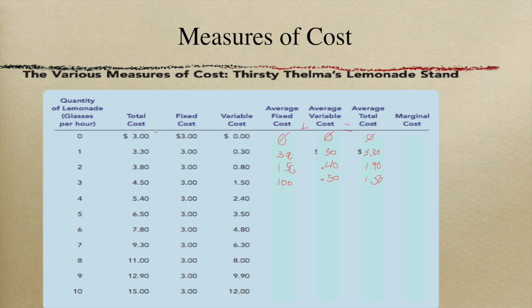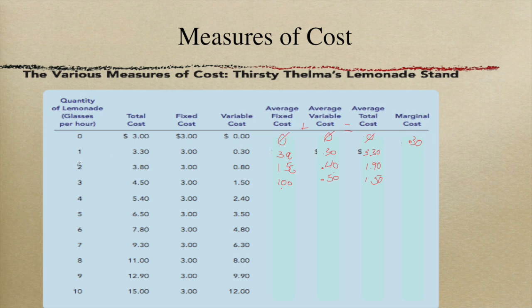Now, marginal cost is going to be found by finding the change in total cost over the change in output. So I go from 0 to 1. My change in output is 1. My change in total cost is 30 cents. My marginal cost is 30 cents.